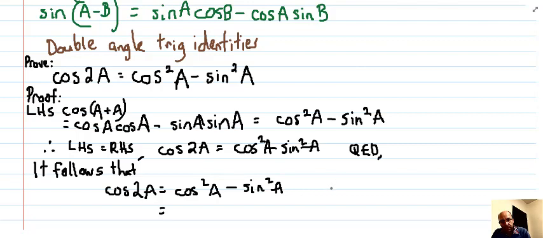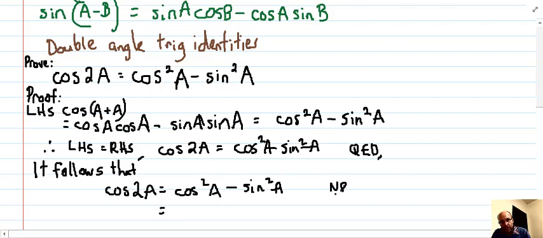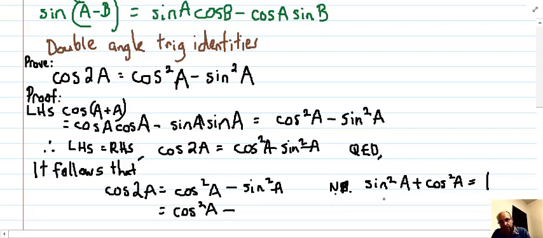If we use, NB, the Pythagorean identity, which we've seen previously, cos squared a plus sine squared a equals 1, we can make a replacement here. We've got cos squared a minus, now we can rewrite sine squared a over here in the Pythagorean identity. We have 1 minus cos squared a. So wherever we write sine squared a, we can write 1 minus cos squared a, like here.